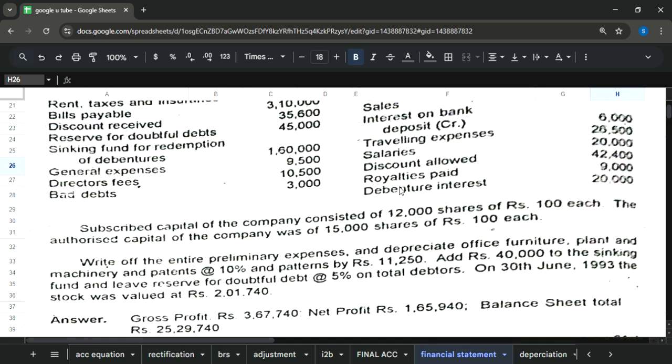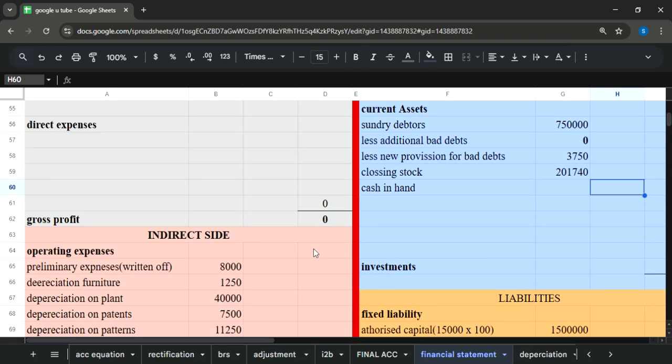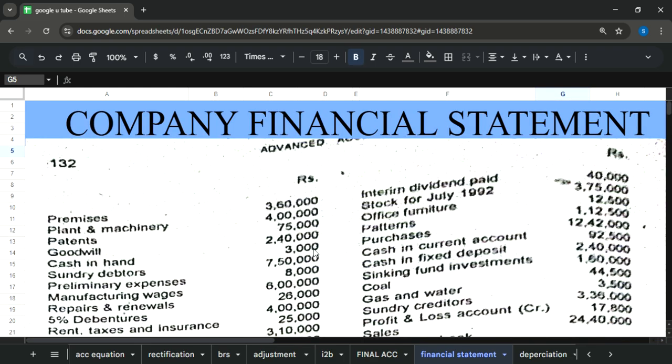Amount of cash in hand is 3,000. Write down the amount over here. So guys, we have seen that cash in hand is written in its place.